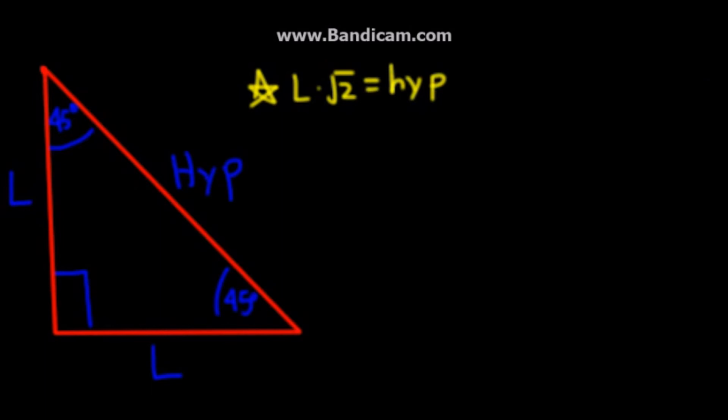So let's just do an example problem. Let's just say, label it first. Alrighty, so let's just say that what is given is one of the legs. So I'll write down here.